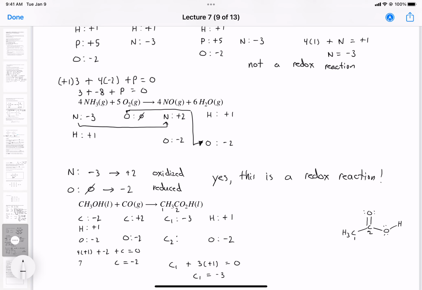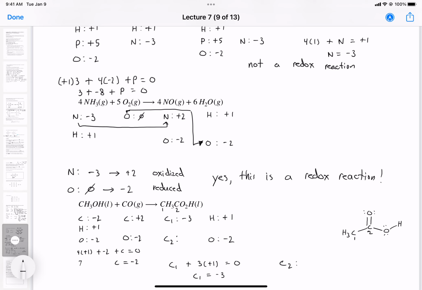We see here that carbon 2 has 3 bonds to oxygen, right? So it's going to have an oxidation state where there's going to be a plus charge on the carbon.